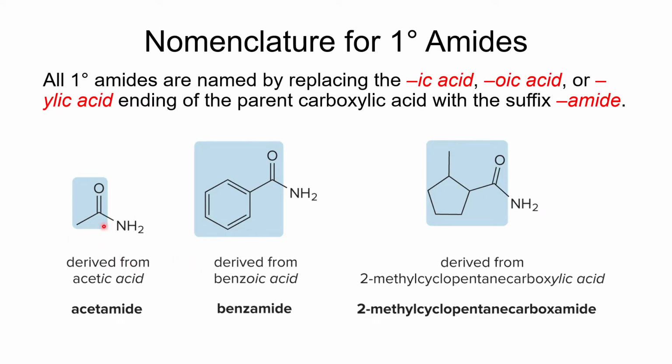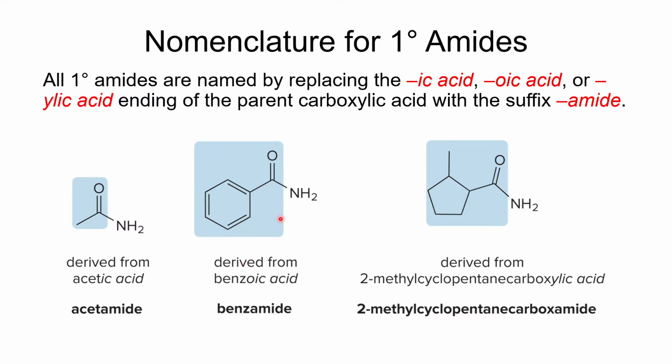So this is kind of weird. This is derived from acetic acid, and most people will call this acetamide, and that's usually what I call it. Even though I would call this an amide, I call it acetamide. So again, we're not here strictly for pronunciation purposes. We're here to learn how to name these things.